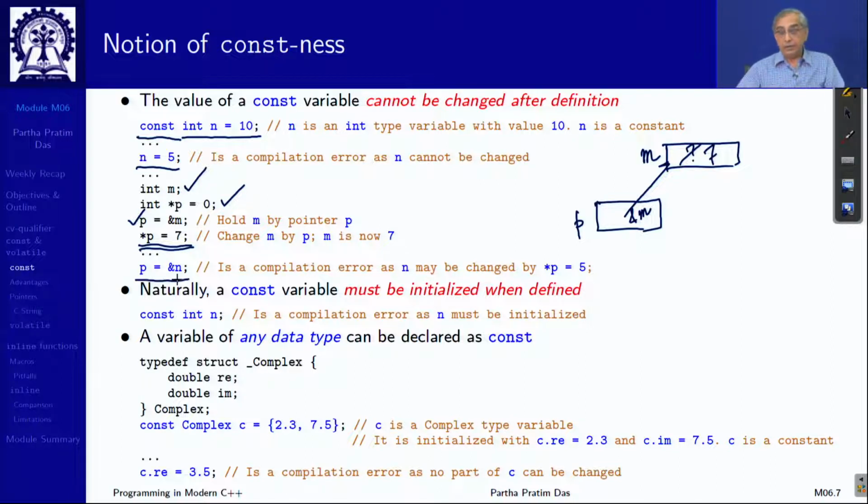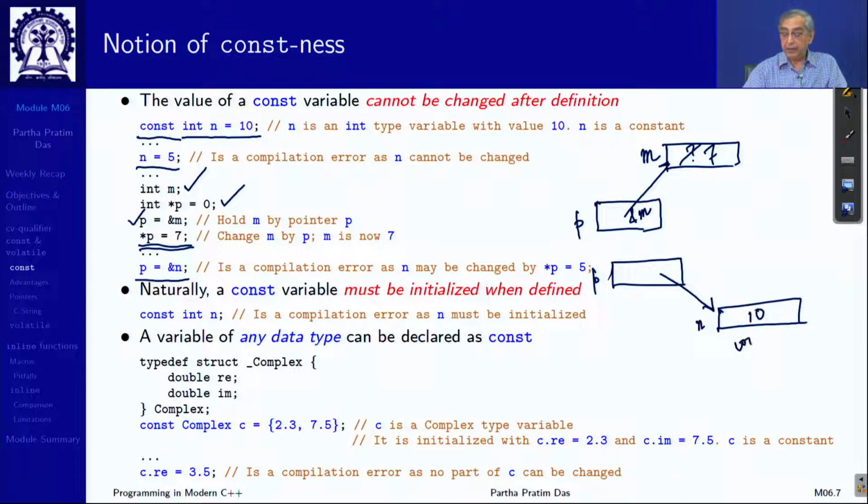Can I do this? Can I have p and make it point to n, which is 10 const? If I could do this, then I could have done say star p assigned 5, and that will change this to 5. Then the basic property that n is constant will get destroyed.